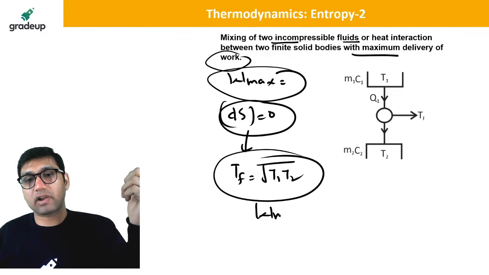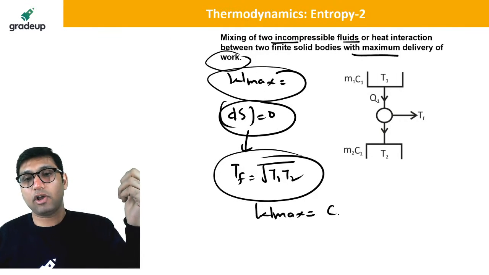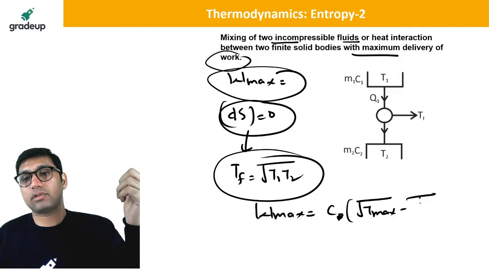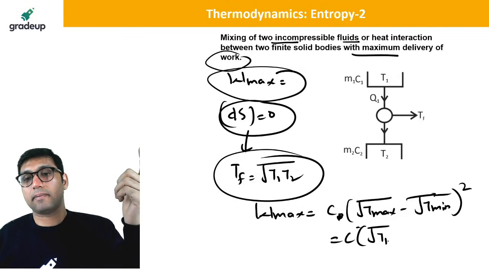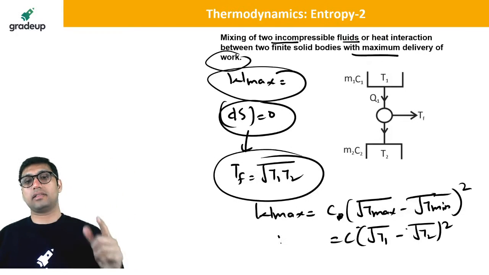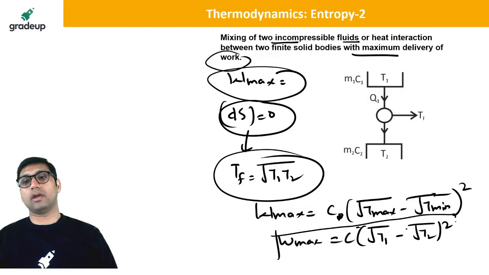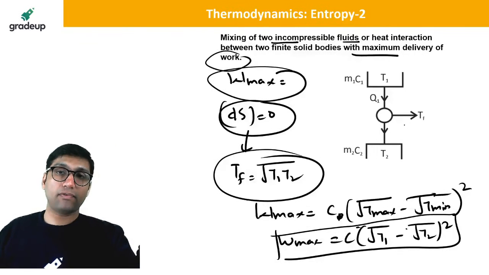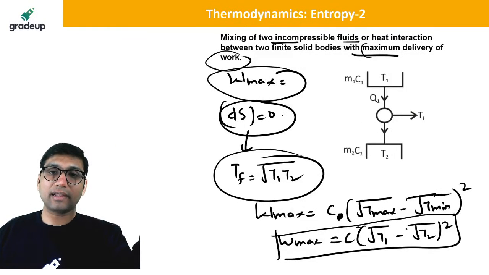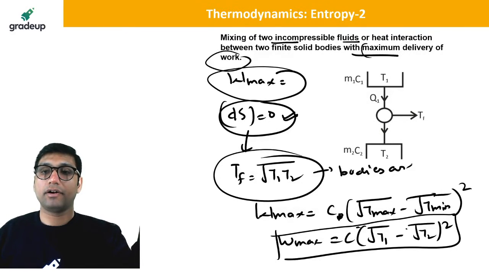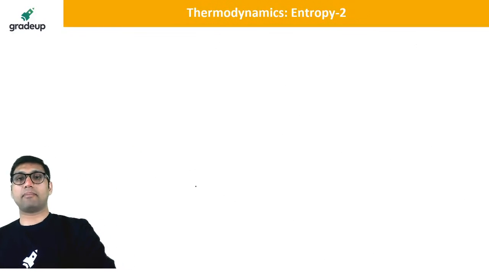In that situation the maximum work will be C of root of T maximum minus root of T minimum, whole square, or C of root T1 minus root T2, whole square. This is how you will find the maximum work. So when mixing two incompressible fluids with maximum delivery of work, entropy change will be zero. And if the bodies are identical, the final temperature will become the geometric mean of the two temperatures. This is a very important case.